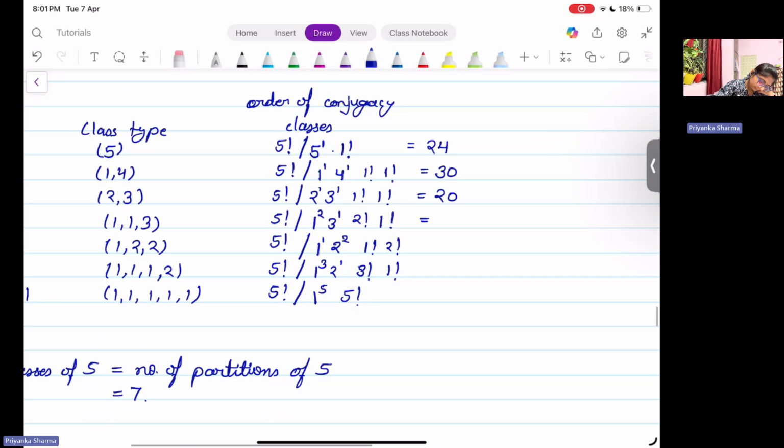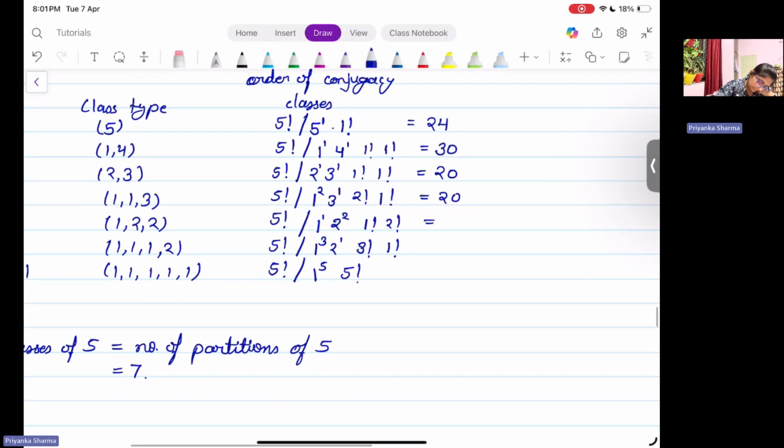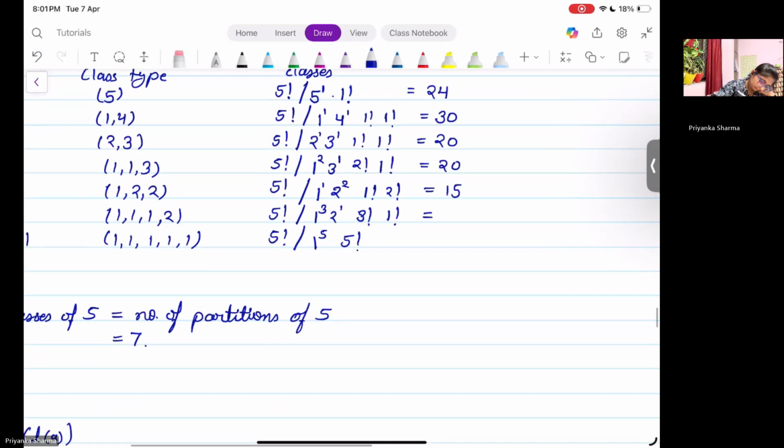This will be 20. This will be 15. This will be 10. This will be 1.